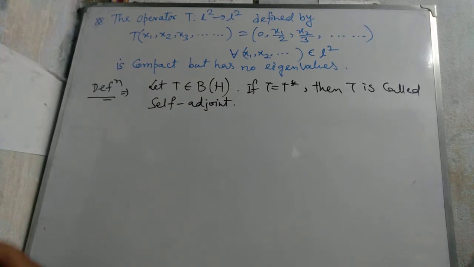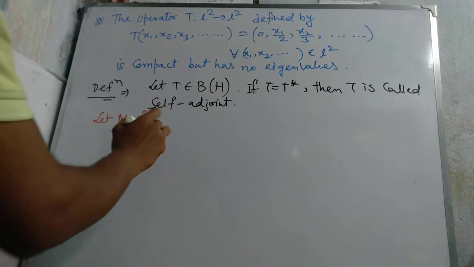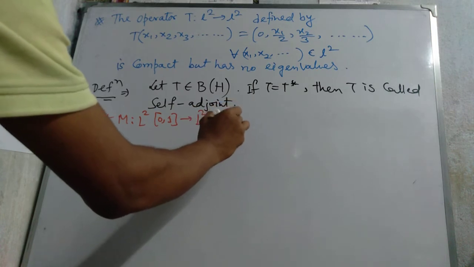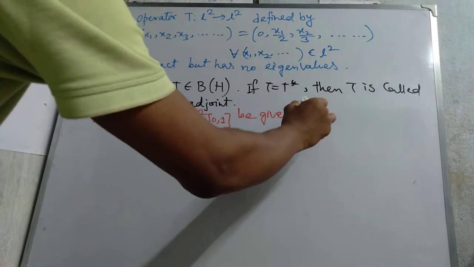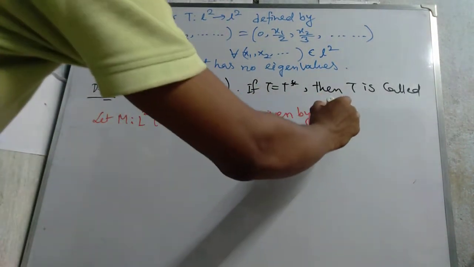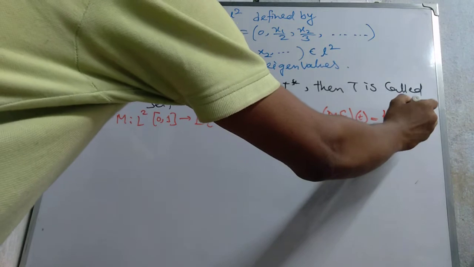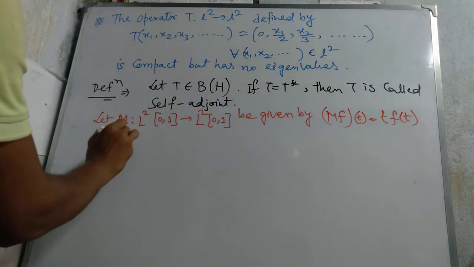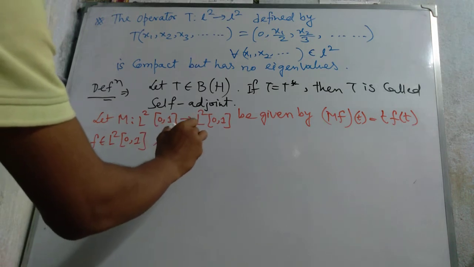Next we write here. Let M from L2[0,1] to L2[0,1] be given by M of f at t equal to t f(t), for f belonging to L2[0,1] and t belonging to [0,1].